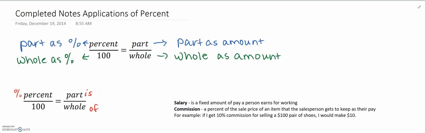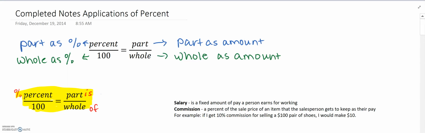So we're going to practice applications of percent, which means we're going to see how to use the percent over 100 equaling part over whole proportion that we just learned right here. And we had practiced understanding that is means part, of means whole, and the percent is the actual percent.